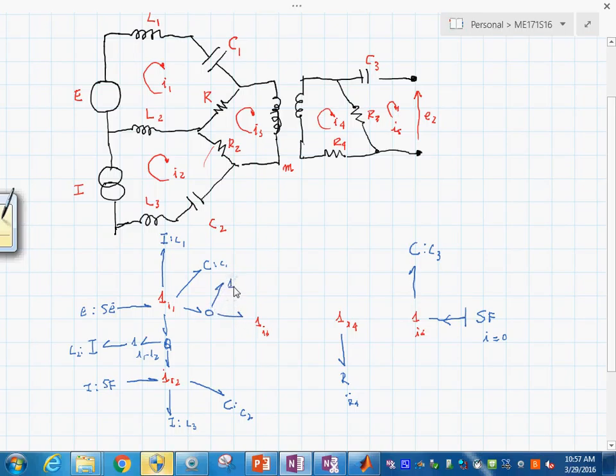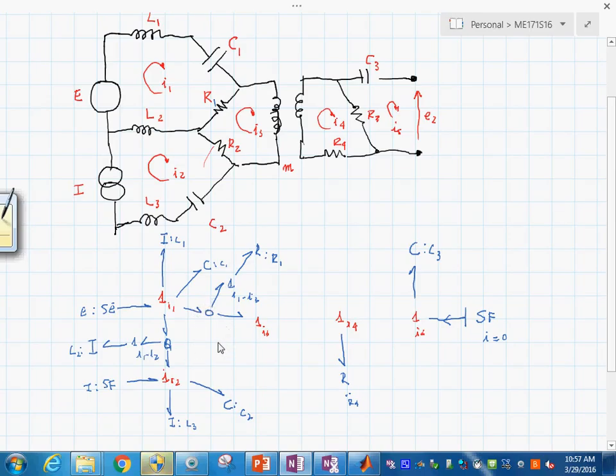I think this is R1. And then between these other two, I sub 2 and I sub 3, you also have a 0 like this. This would be I sub 2 minus I sub 3.